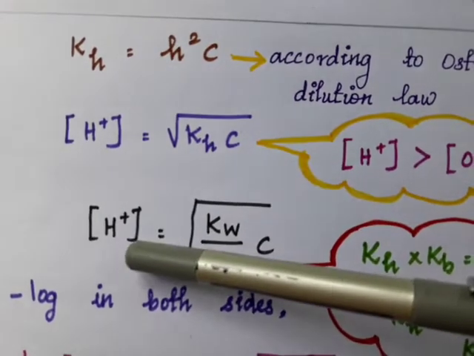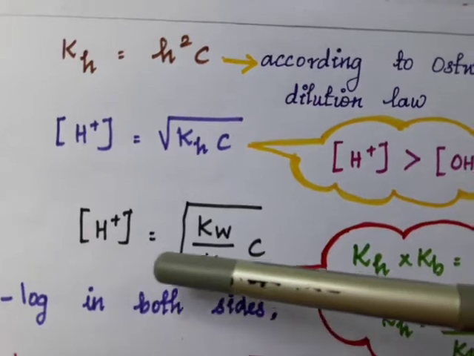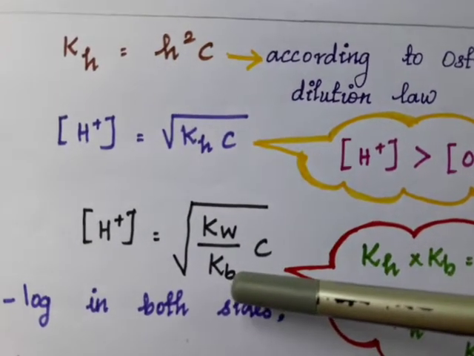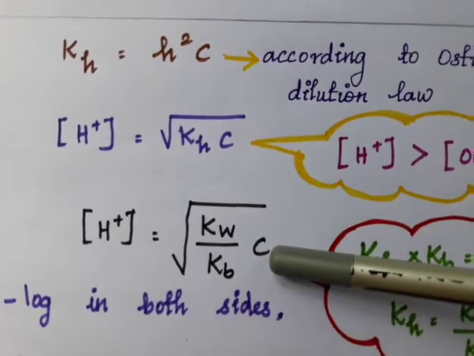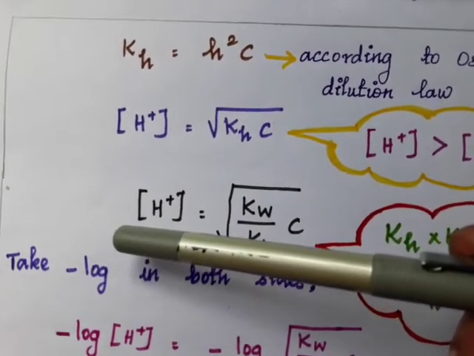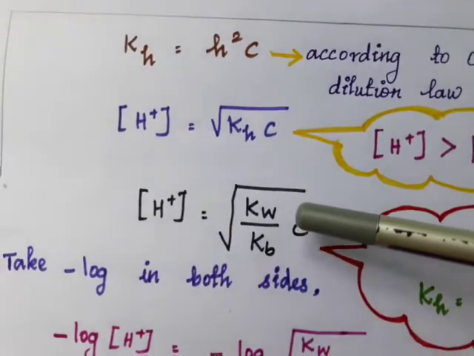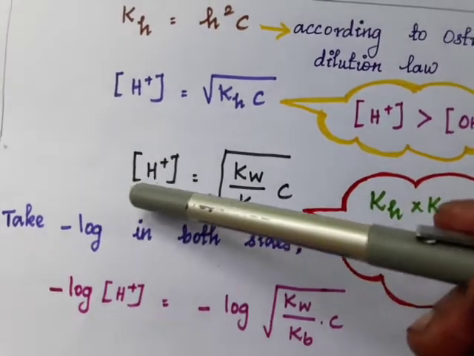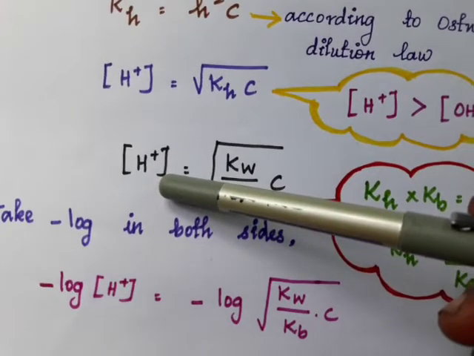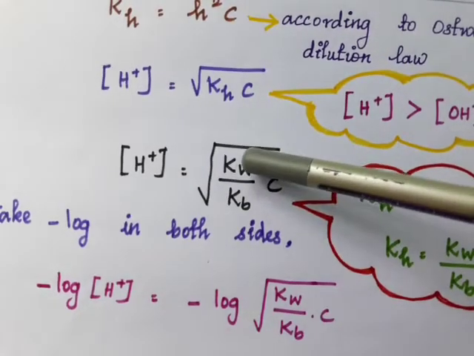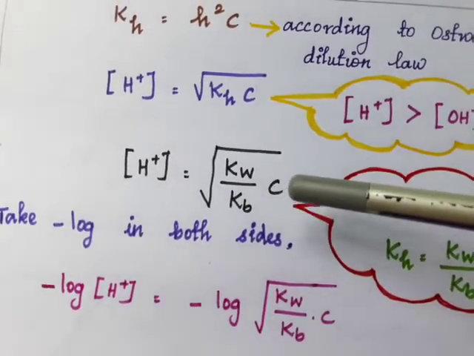So concentration of H plus will be equal to root of Kw by Kb into C. Let me take the negative logarithm on both left and right side. When we take, we will get minus log H plus concentration is equal to minus log of Kw by Kb into C.